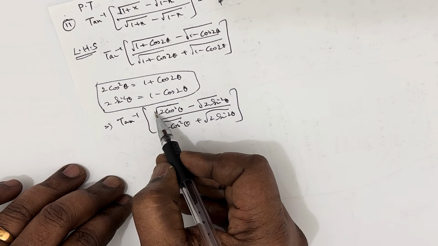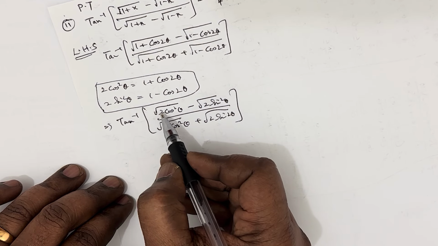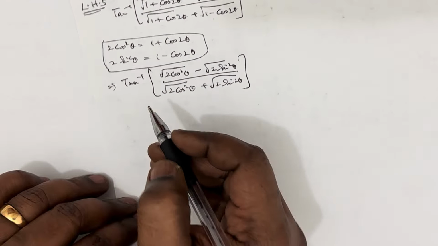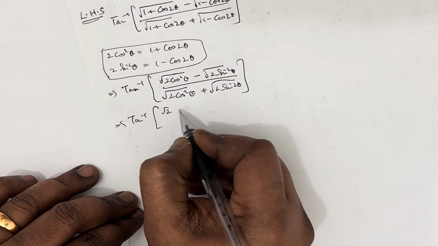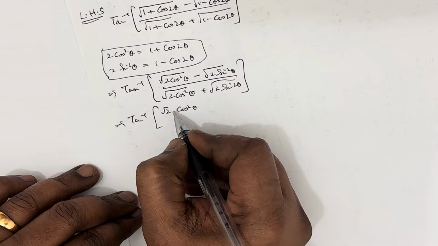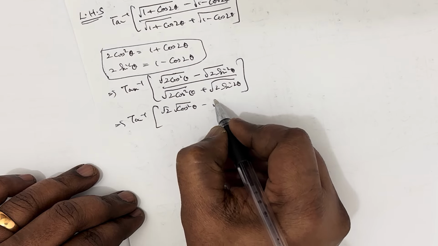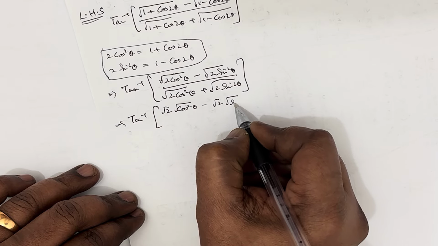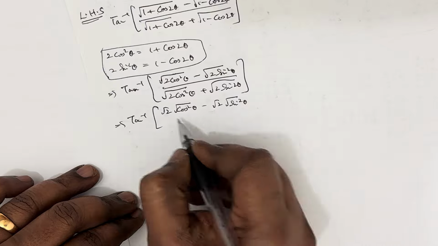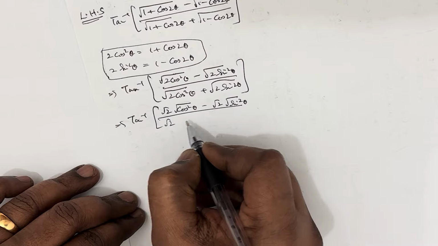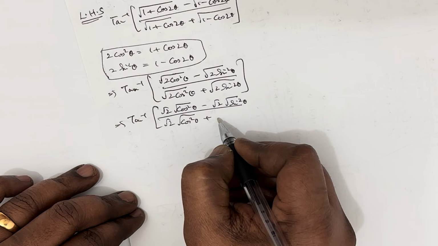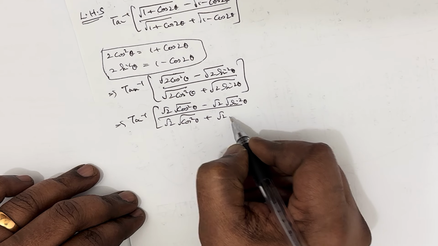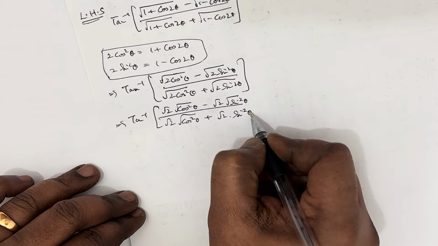Now let's split the square roots, the radicals, between these. So it becomes tan inverse of (√2 √(cos² θ) − √2 √(sin² θ)) divided by (√2 √(cos² θ) + √2 √(sin² θ)).